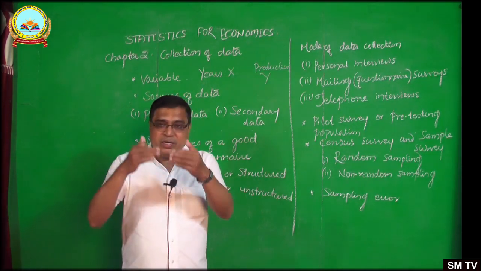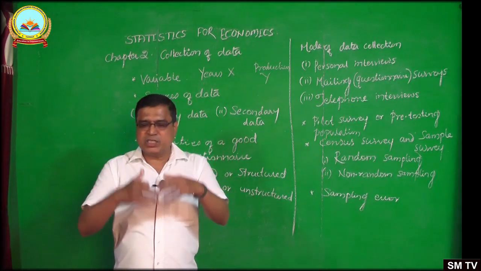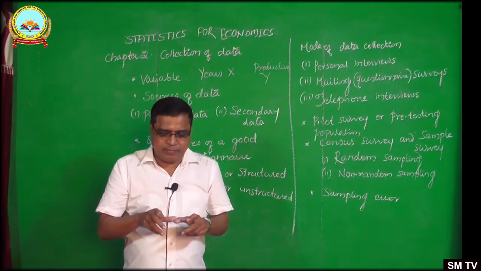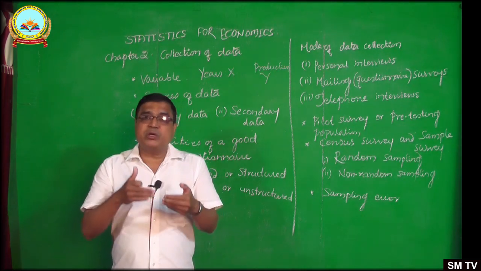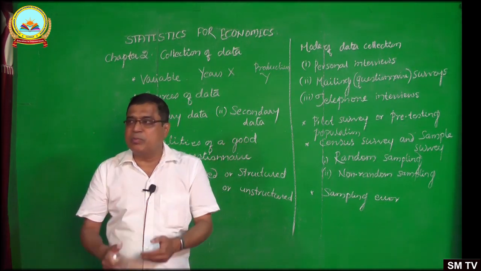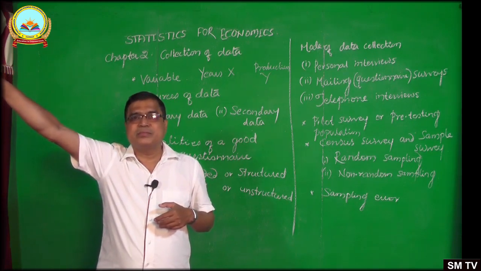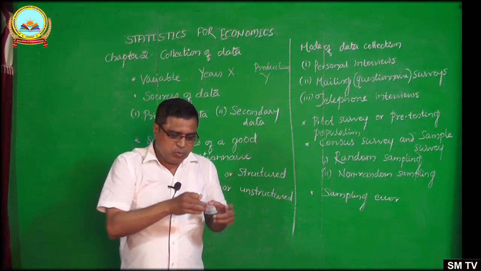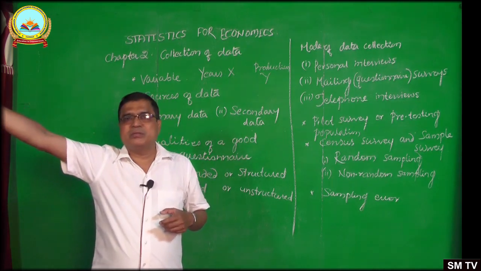Therefore, when a small part of the population is taken and the study is made on that sample, information is gathered, some calculations are done, then we are going to make a statement about the population. Very important thing. After studying the sample, we are going to decide or judge about the population.